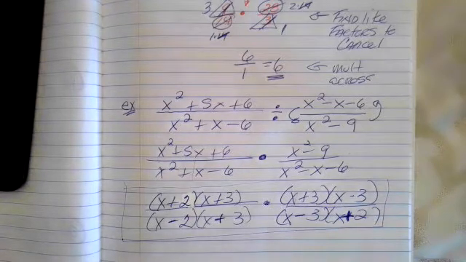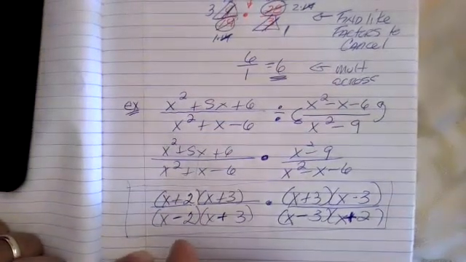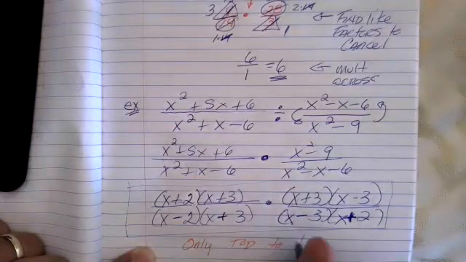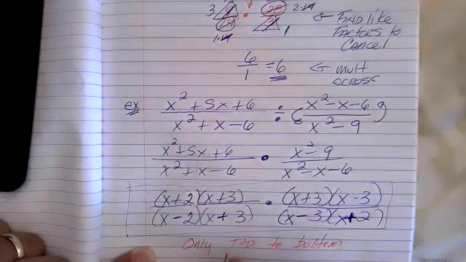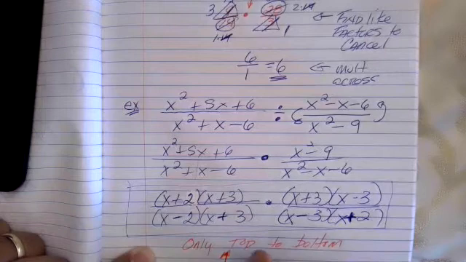Now when you cancel, you could cancel only from top to bottom. Not side to side. So you could go vertically or even diagonally, but it always has to be top to bottom.